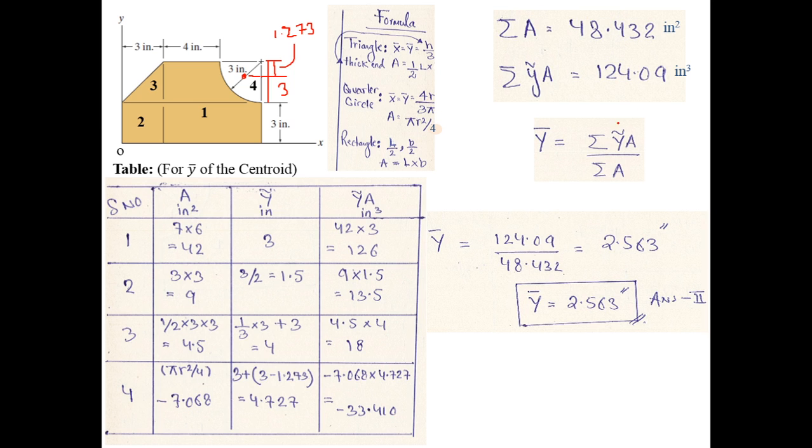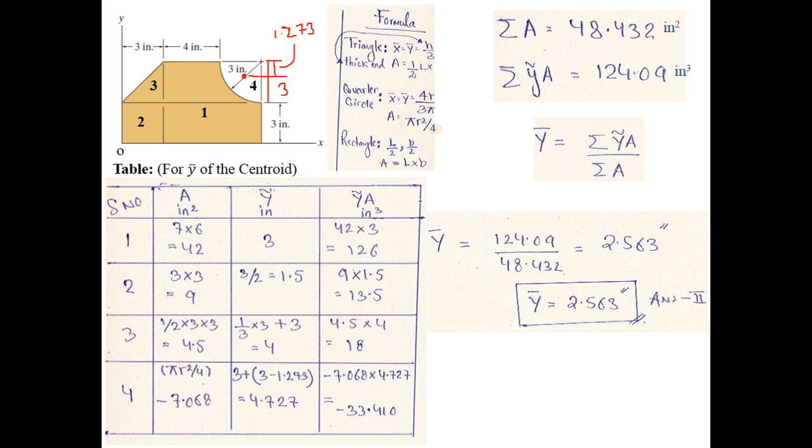Then according to this formula, y bar is equal to summation y tilde a upon summation of a. You have to get the value of total area, and therefore again add them with respect to their signs, and you will get 48.432, the same result as in the previous slide.